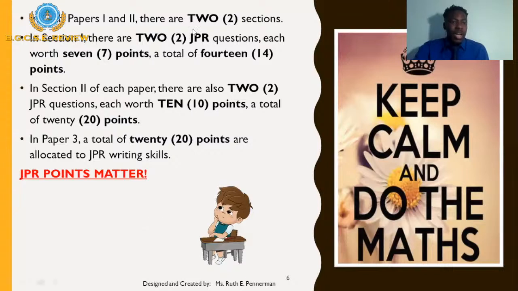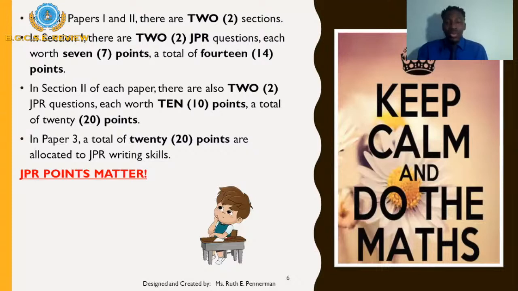And so JPR points do matter. Before I say anything else, let's be guided by what we see before us. In section 1, there's the potential, pardon me, these tongue twisters. If you guys have been watching these presentations, sometimes they really get in my way, but we will move forward nonetheless. And so what we have now is a total of 14 JPR points that you can obtain in section 1 only.